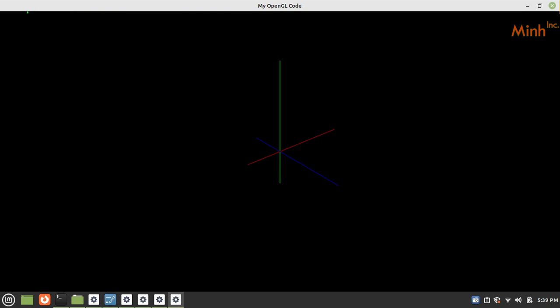Okay, so if I press next, oh, it is in mode to land. And if I press X, okay, so it is landed.